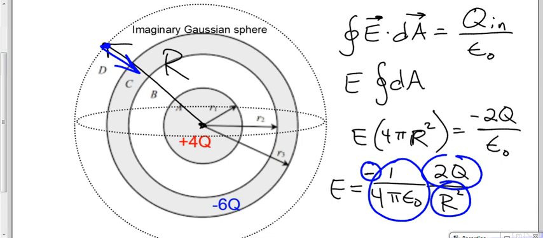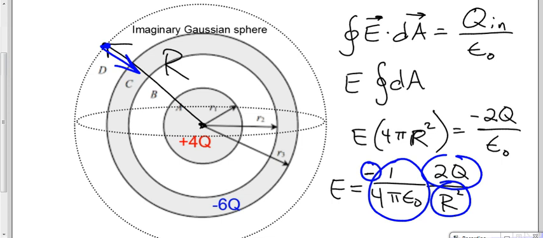So when all is said and done, you should recognize this is just the same thing as the electric field of a point charge, as though all of the charge that we have were concentrated in one small spot at the center of that circle, a total of negative 2 q's there. And that's the beauty of Gauss's law. It shows us or demonstrates why that simplification works.